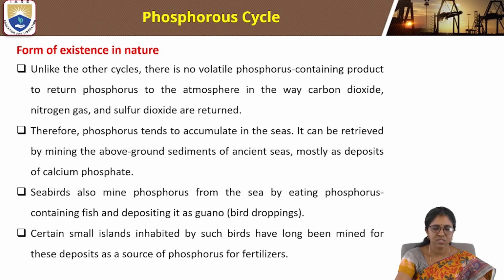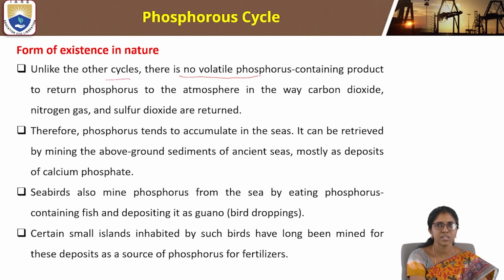Now, the form of existence of phosphorus in nature. Unlike other cycles, there is no gaseous phosphorus. There is no volatile phosphorus containing product to return phosphorus to the atmosphere, the way carbon dioxide, nitrogen gas and sulfur dioxide are returned.